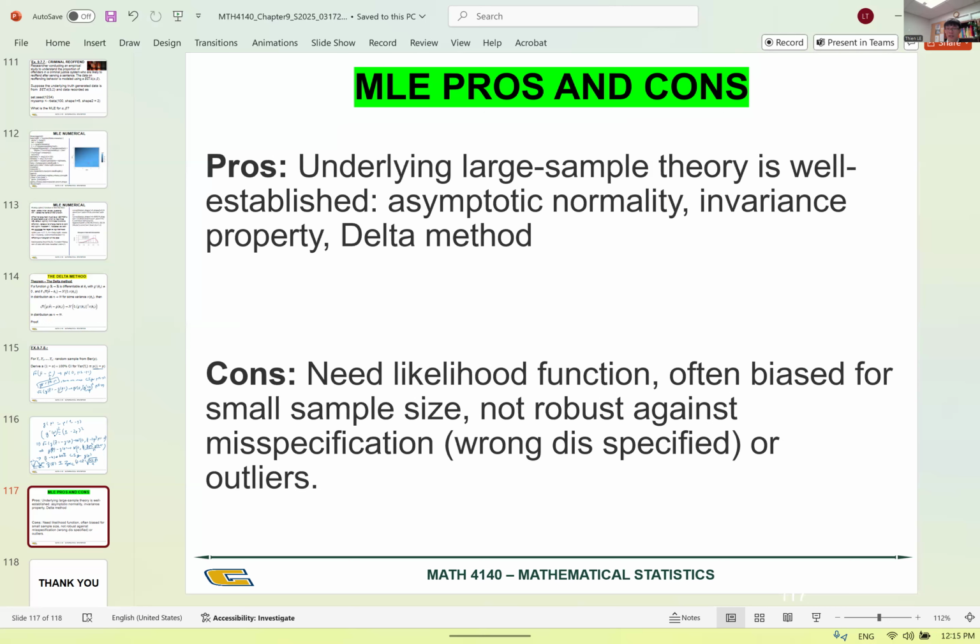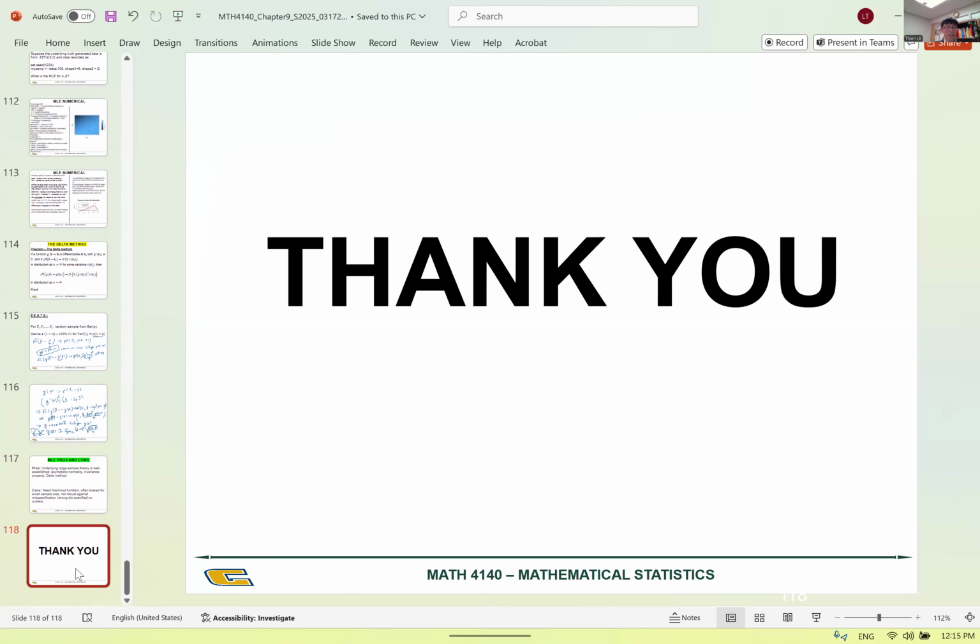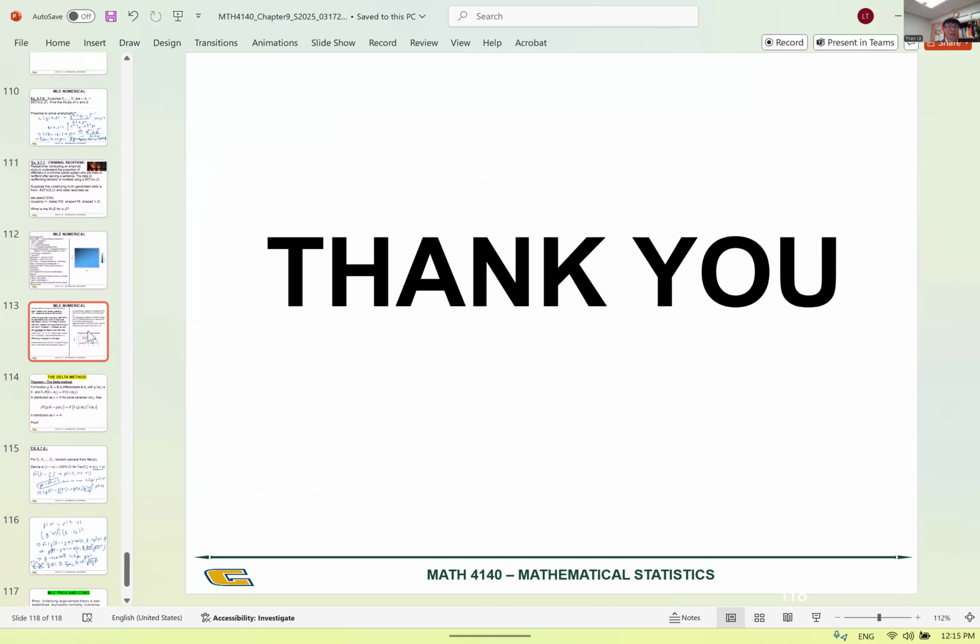And it's not robust against misspecification or outliers, so sometimes a small change in the data also results in a big change in the estimator.